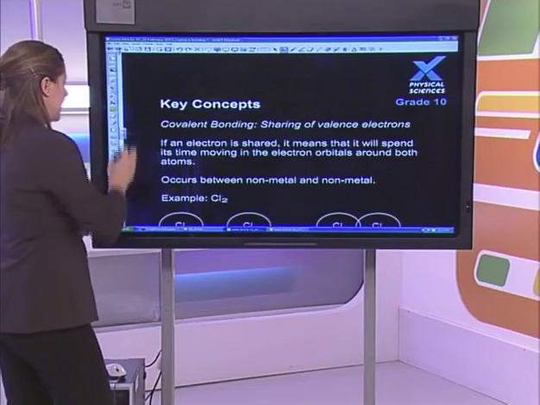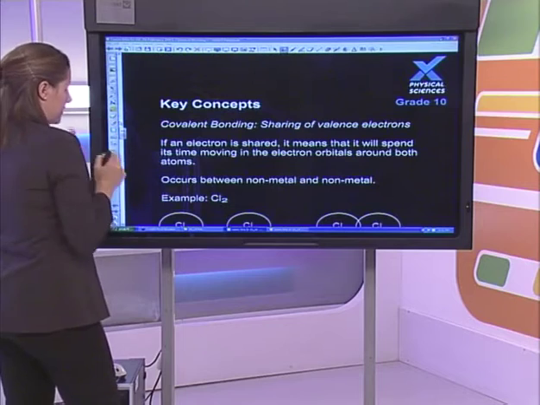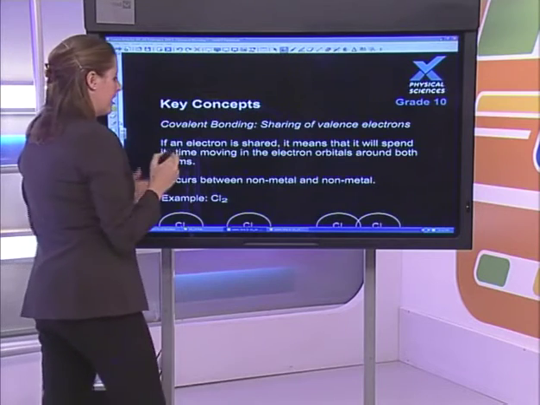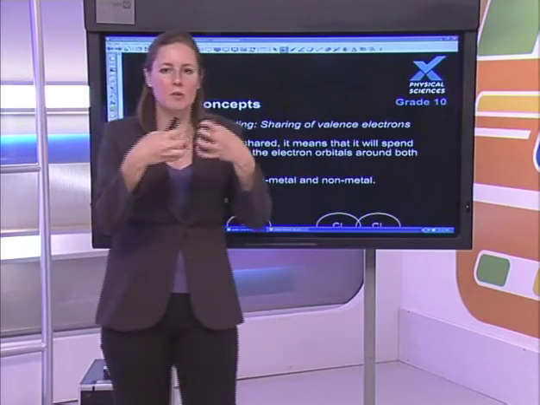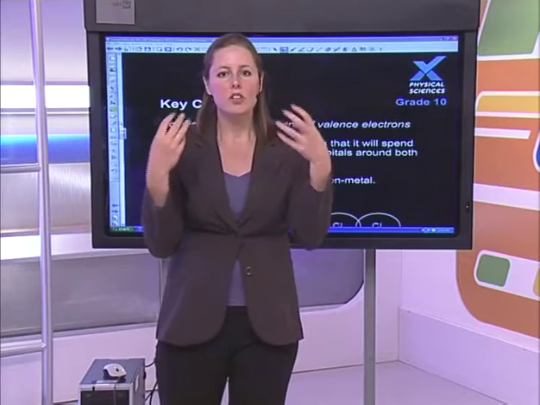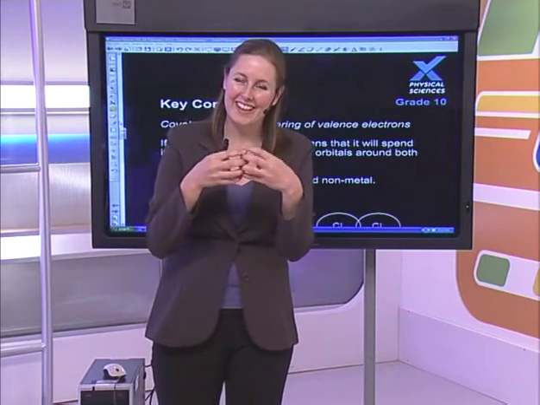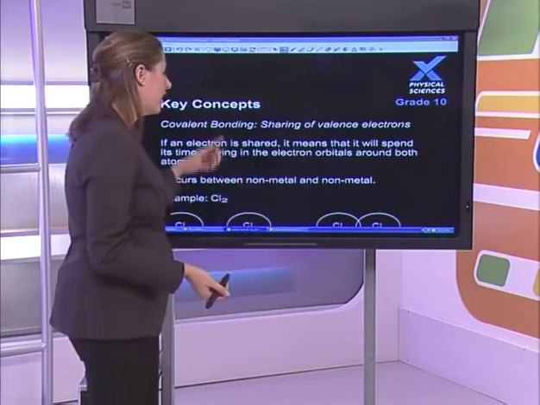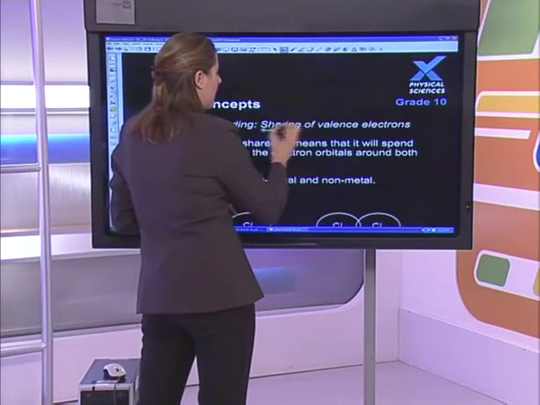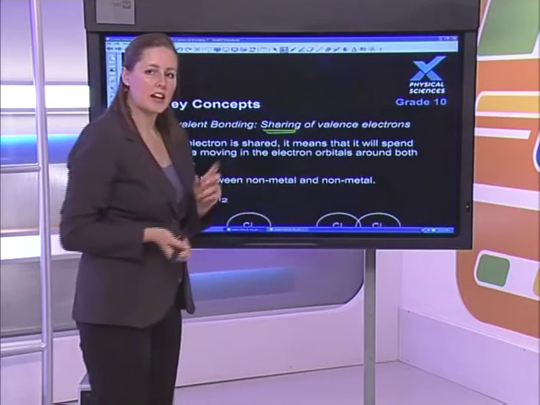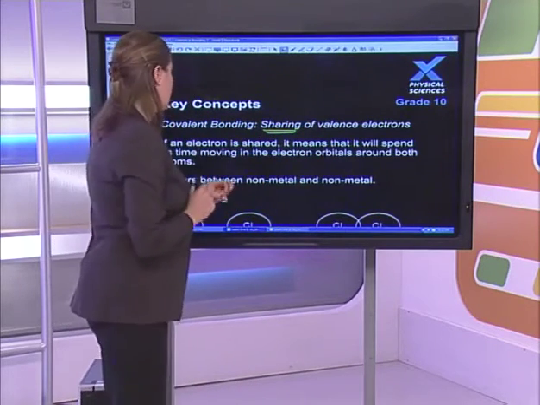Let's turn and see how covalent bonding would work. Now, covalent bonding, and the idea of co would be together. Okay, so covalent bonding would be those valence electrons are together, covalent. So covalent bonding would happen when you've got sharing of the outer valence electrons.